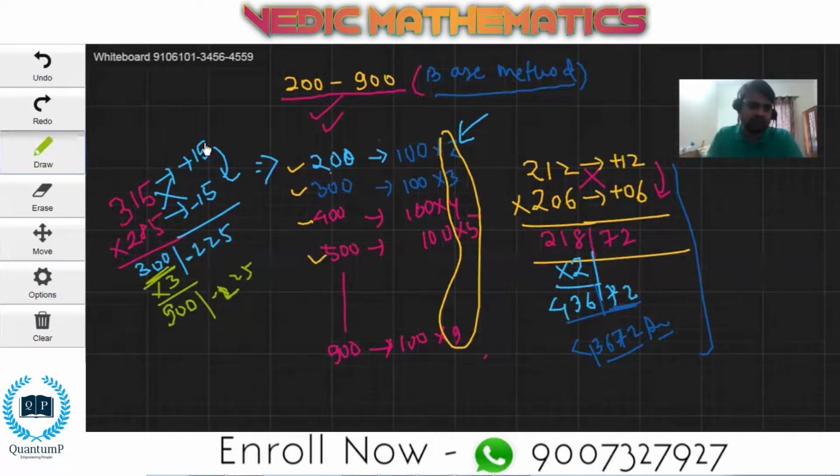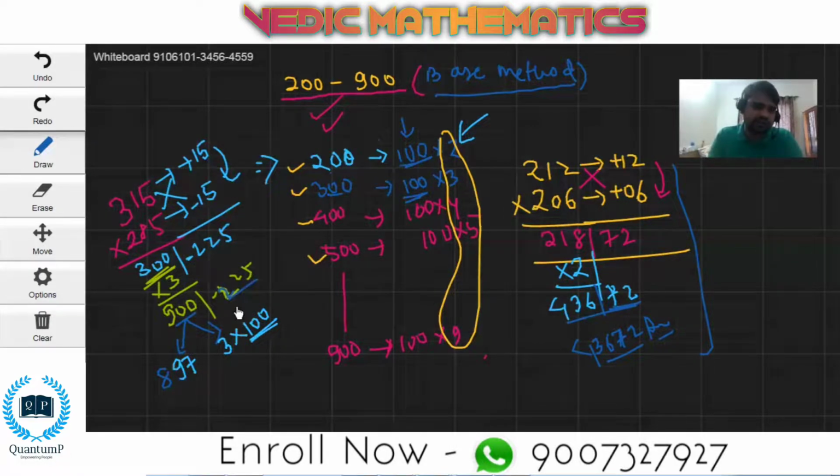Then this 900 will break because we have minus 225. It will be split into 897 and 3, because this 3 will be multiplied by 100, since in the background we are using the 100 base. As I told you, 100 is the main base every time. 100 into 3 is 300.